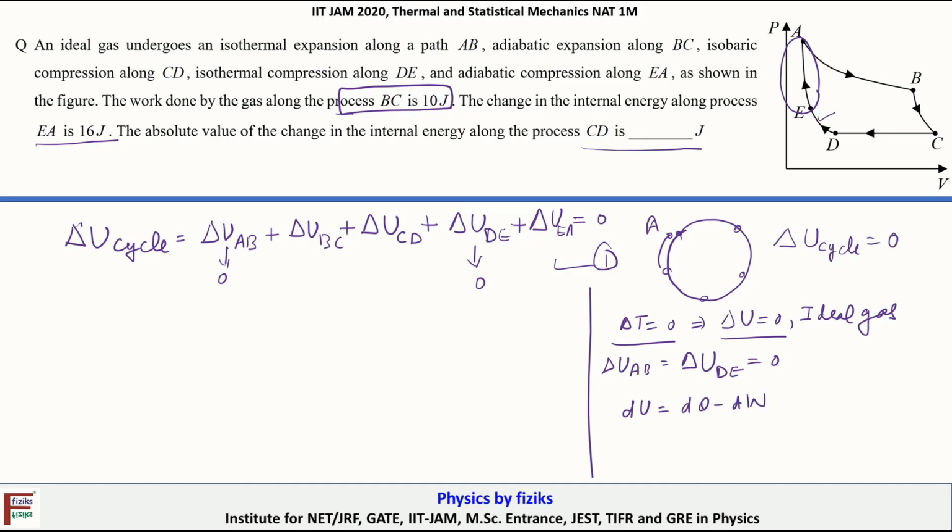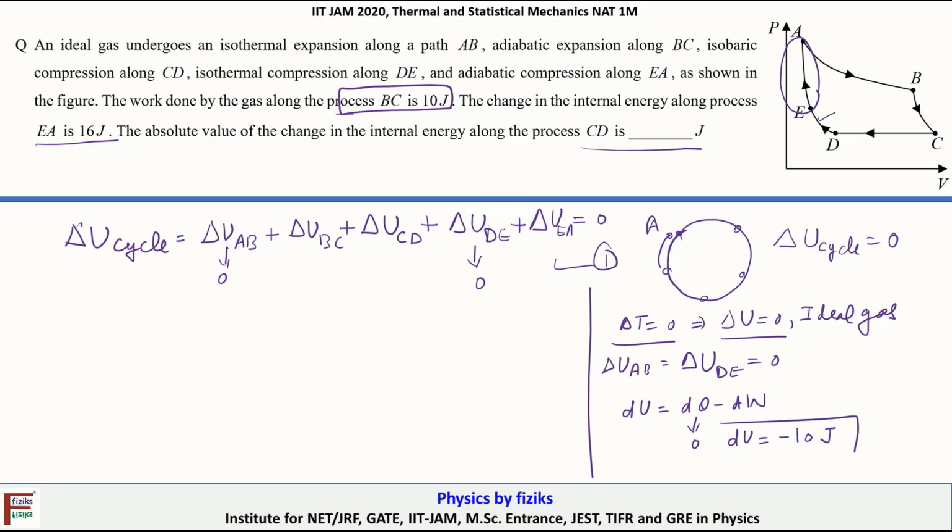But remember that process B to C is an adiabatic process, so dQ will be 0. And what is dW? It's given that the work done by the gas along path BC is 10 joule. So dU is equal to minus 10 joule.